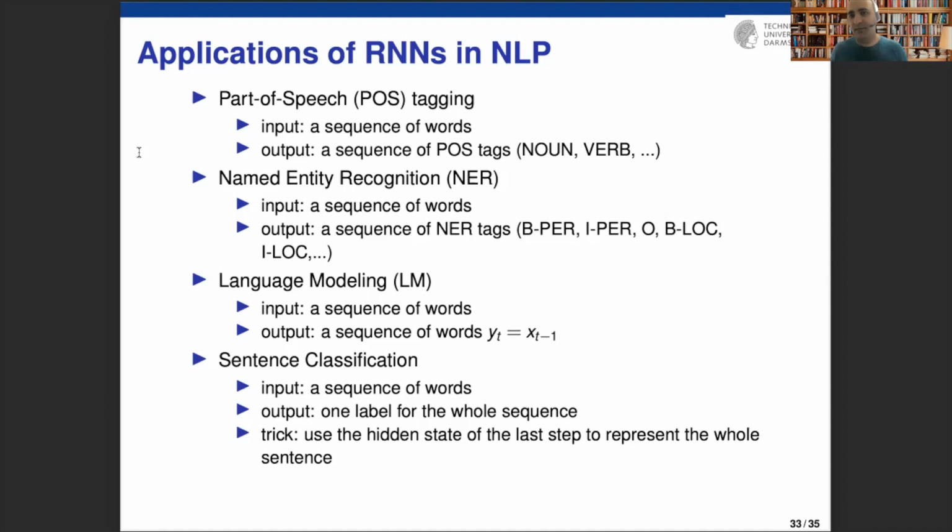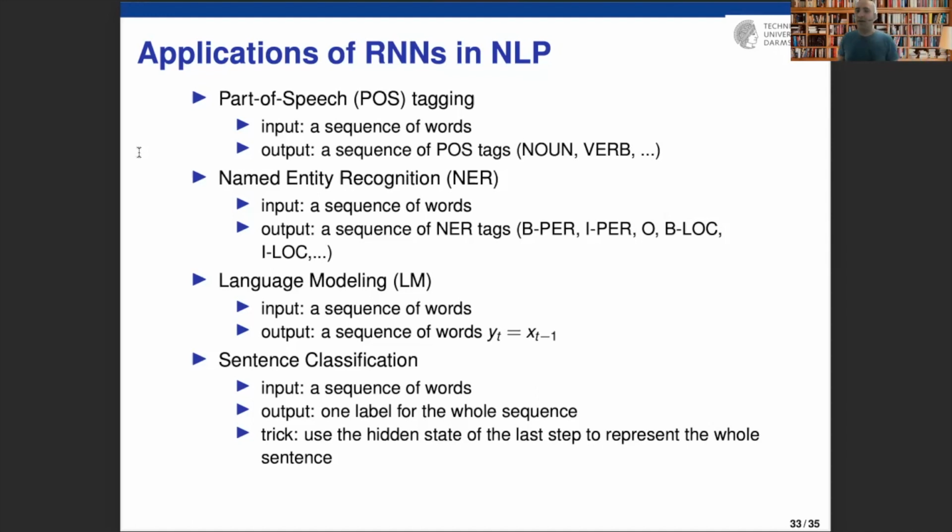B shows the beginning of a named entity, I shows that this token is inside of a named entity, and O is outside of any named entity. So a word that is assigned the tag O doesn't belong to any named entity.